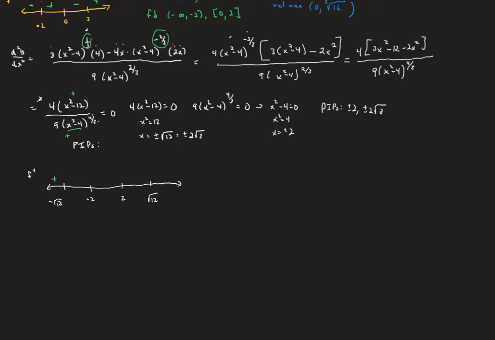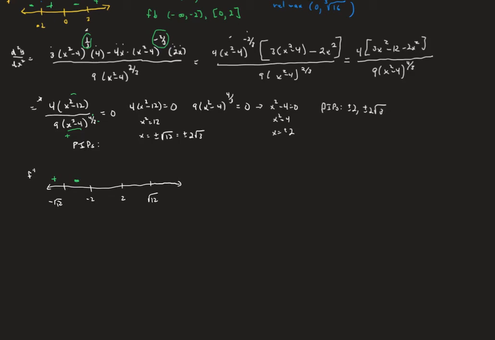Plugging in something between negative 2 and negative square root of 12 might be something like negative square root of 9, which would be a negative 3. So that's going to make our numerator negative, but our denominator is always positive, so this is going to become negative.